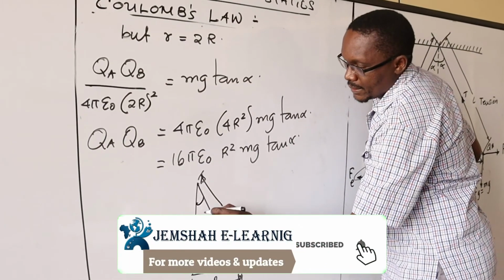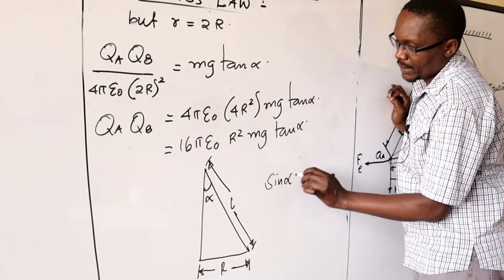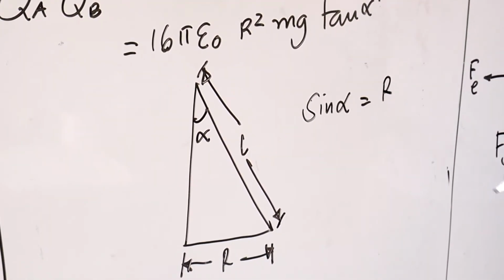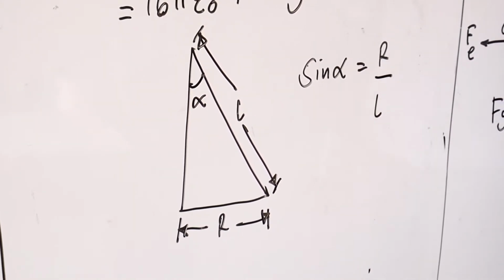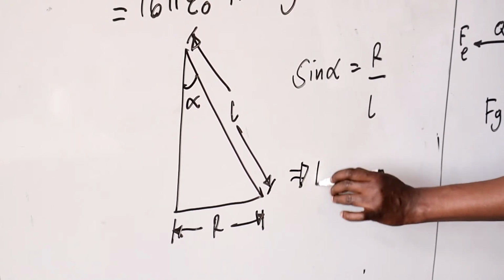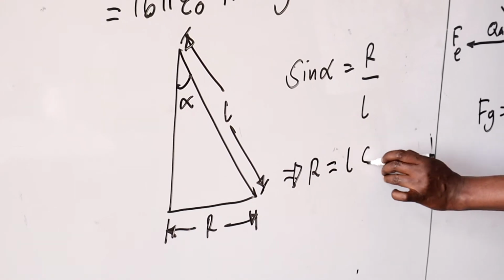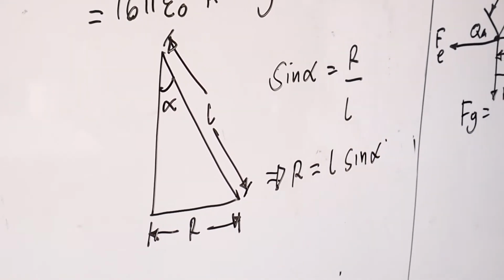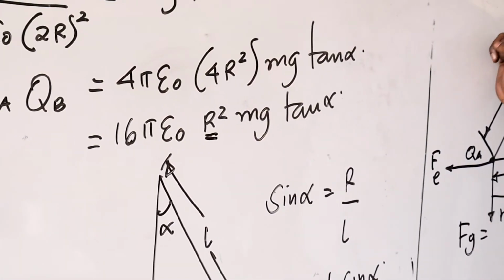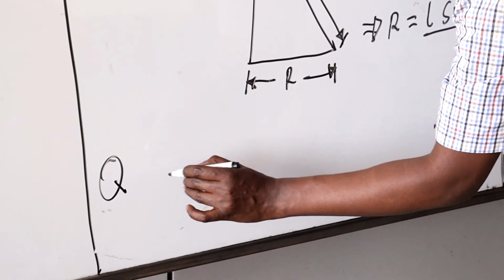This angle here is alpha. So if I use my SOHCAHTOA, I can say that the sine of alpha will be the opposite, which is capital R, over the hypotenuse, which is L. This means that R must be equal to L sine alpha. Now if we substitute the value of R in our expression up here, then we can finally get our answer as being Q squared.